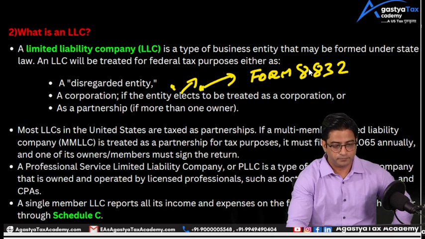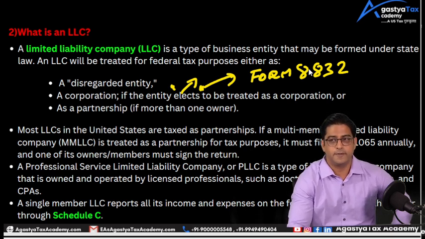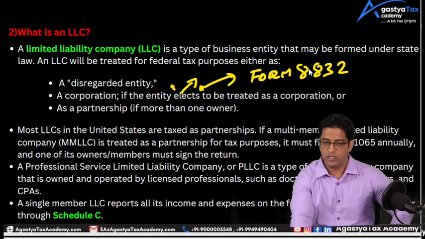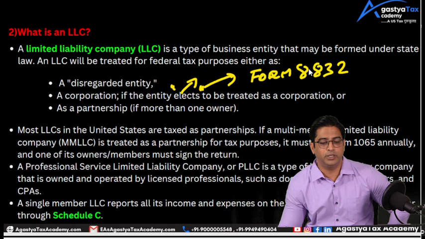Next point. Most LLCs in the United States are taxed as partnerships.